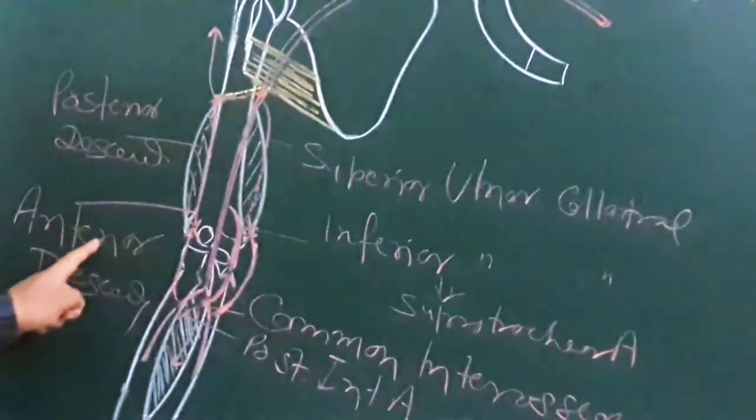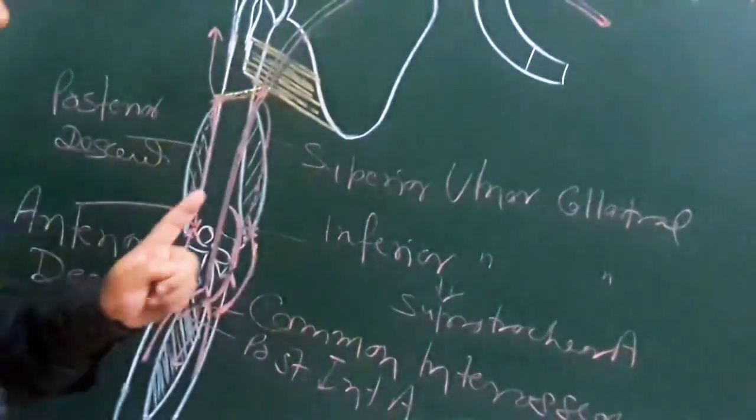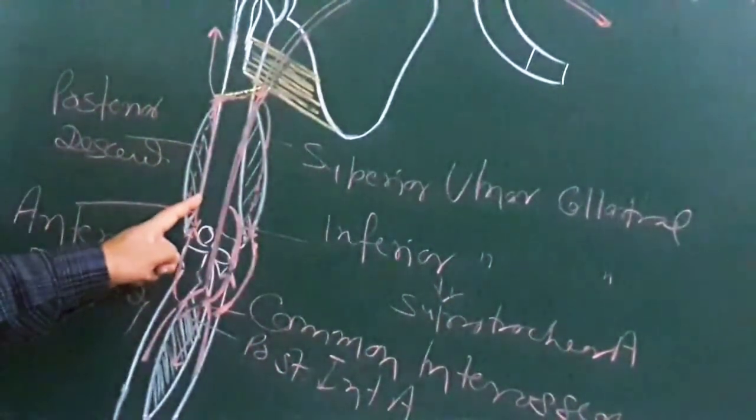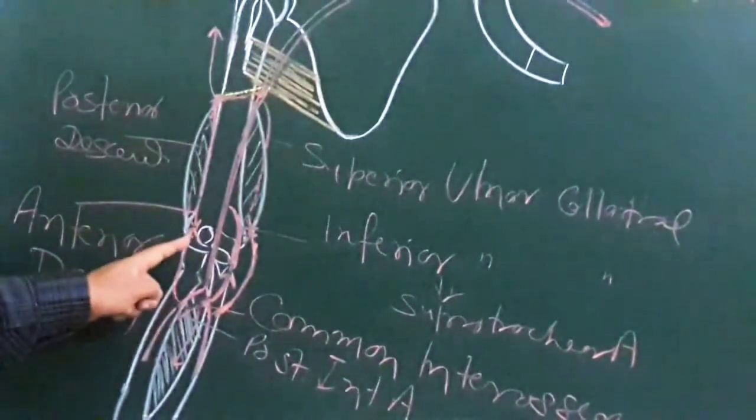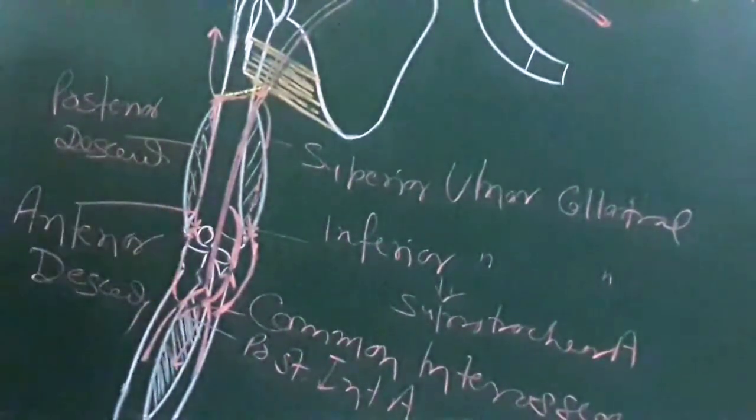This anterior descending branch is also known as the radial collateral artery. So it anastomoses anterior to the elbow joint.